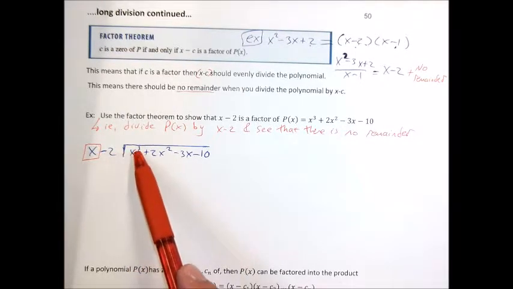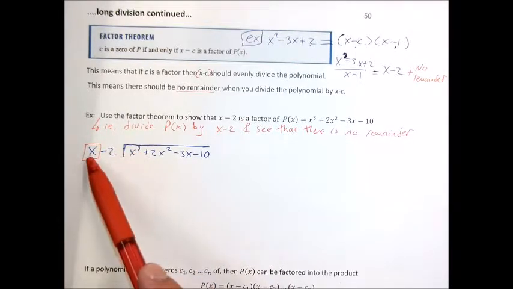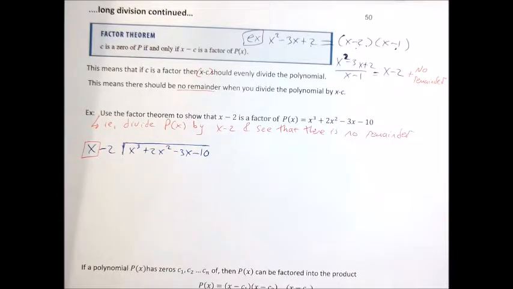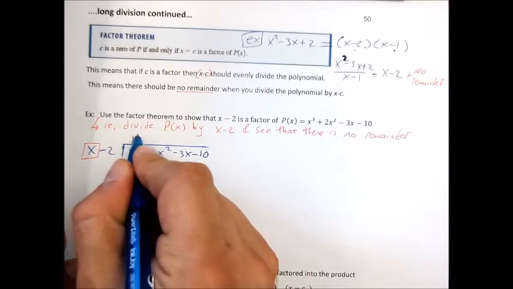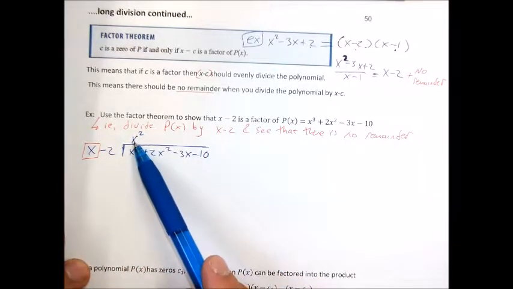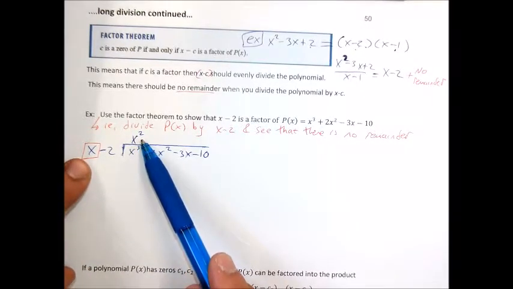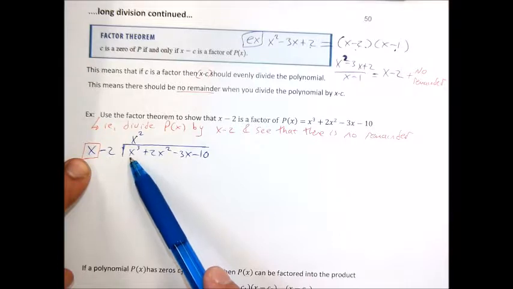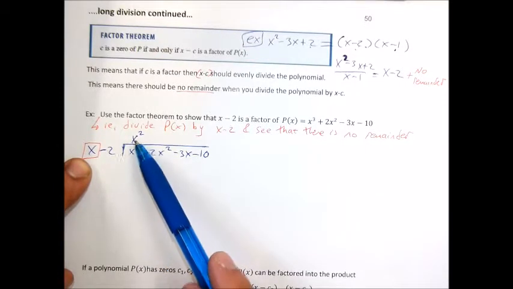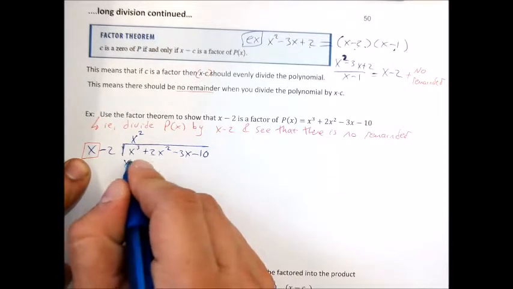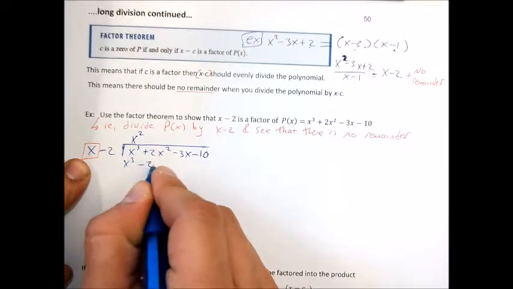So when I look at x cubed, I think, what do I need to multiply x by that will give me x cubed? And so that is x squared. And so that's why my first thing I write down is x squared. Because when I multiply x squared and x, I get x cubed. And then you multiply the x squared back through the x minus 2, and we get x cubed minus 2x squared.